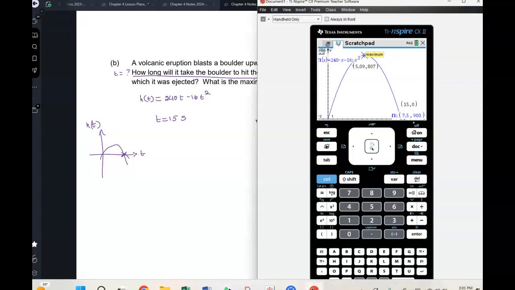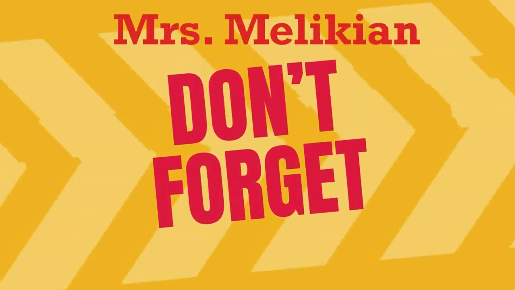The maximum height. Yeah, the vertex. Yeah, it's the vertex. Of course, it makes sense. It's math. All right, awesome. Yay. Okay, fabulous. Press start.